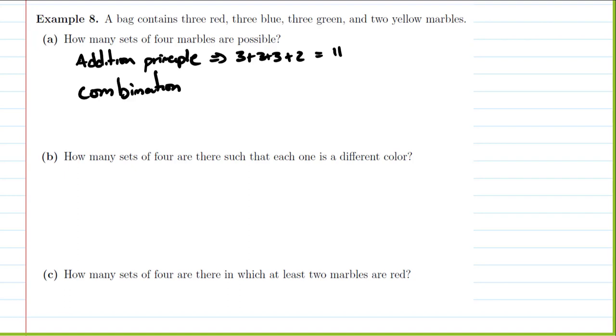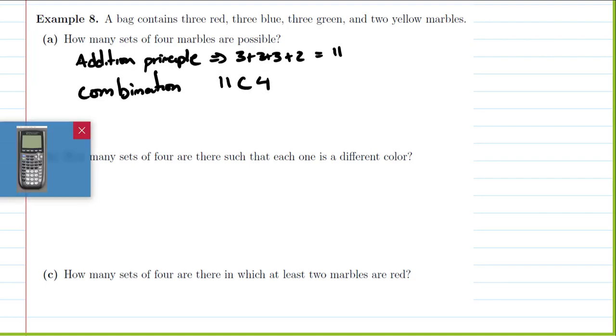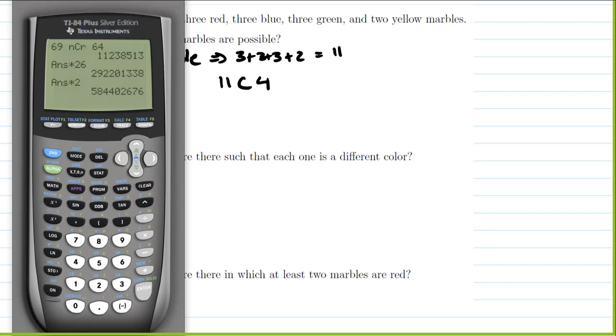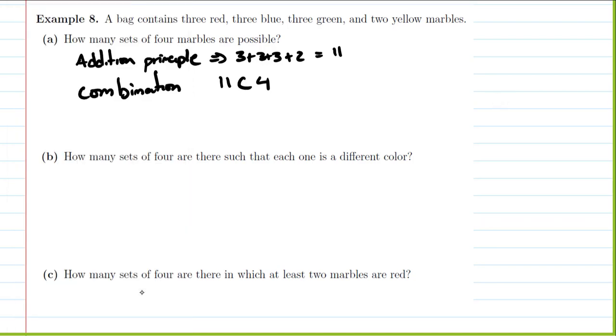So we're going to do 11 choose 4. So we calculate our combination of 11 choose 4. And we are going to get 330 sets of 4 marbles. Okay.